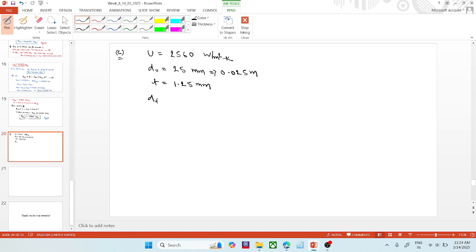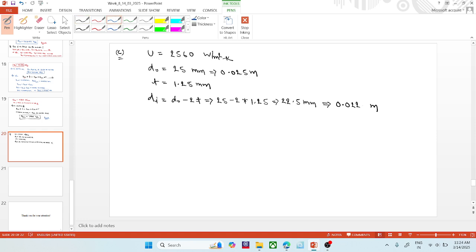So the inner diameter of the tube would be d naught minus 2t, which would be 25 minus 2 into 1.25, which is 22.5 mm, essentially 0.0225 meter.